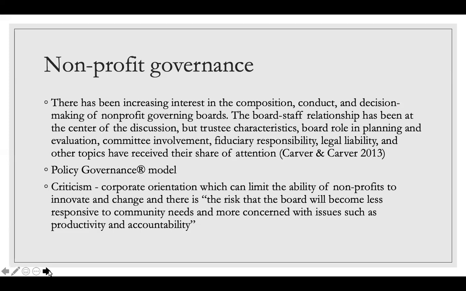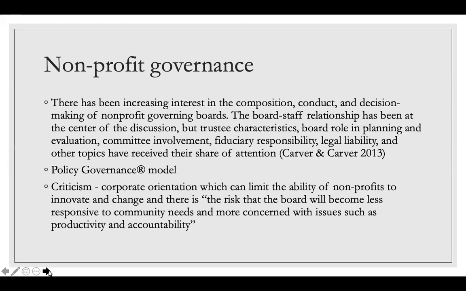And this model is one that focuses on organizational governance and seeks to achieve owner accountability within the organization and to guide appropriate relationships between the organization's owners or stakeholders, the board of directors, and the management.